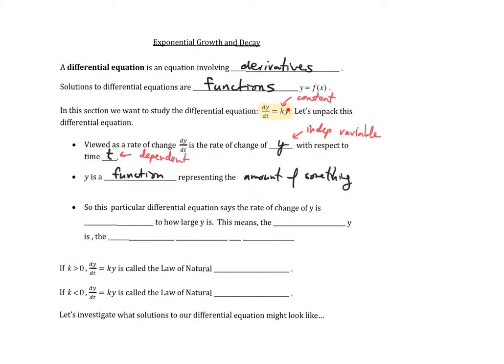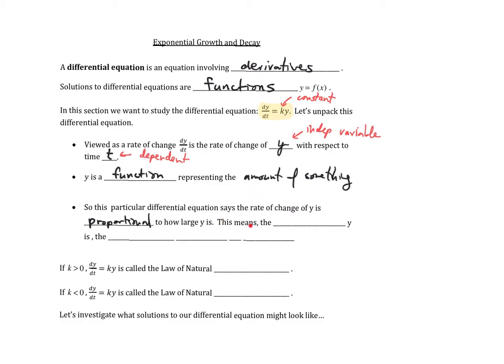So how do we put both sides of this equation together? This particular differential equation says that the rate of change of y, which is the left-hand side over here, is proportional to how large y is. So when I see that dy dt is equal to some constant k times y, that means that the rate and the amount are just proportional to each other.